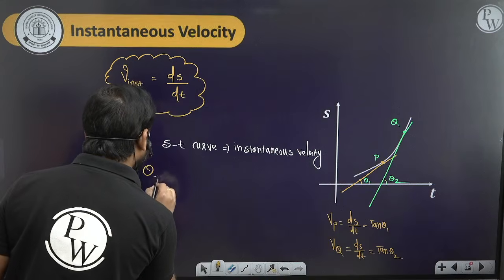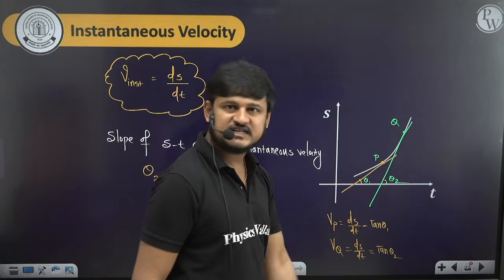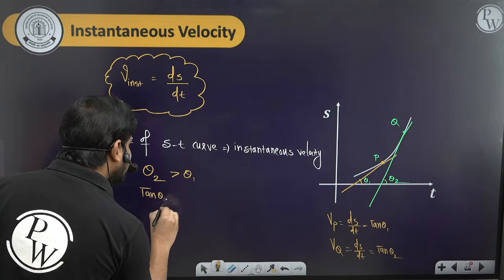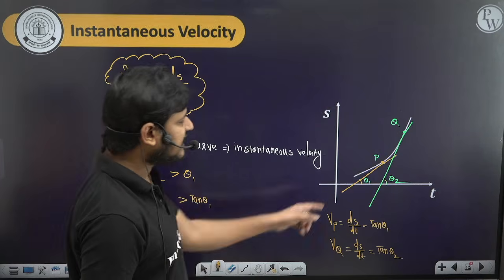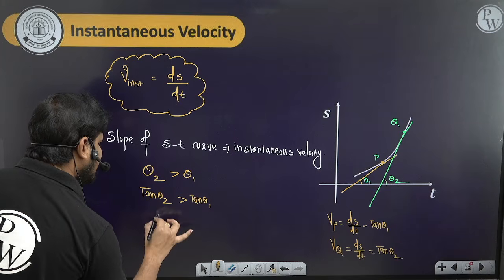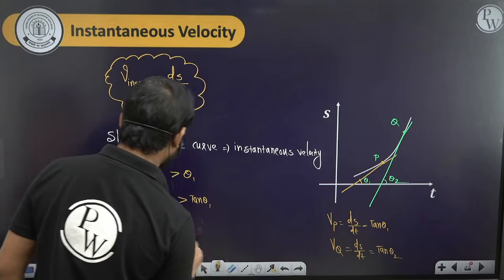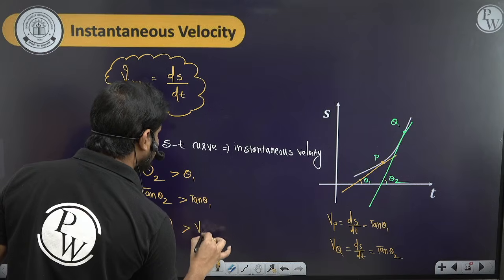Theta 2 is greater than theta 1. Therefore tan theta 2 is greater than tan theta 1. So the velocity at Q will be greater than the velocity at P.